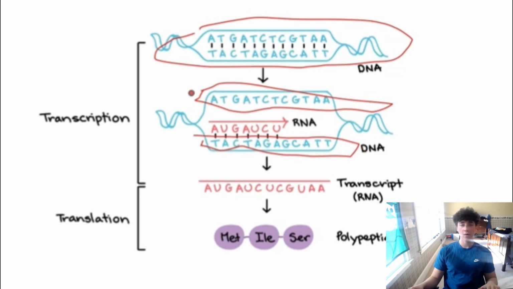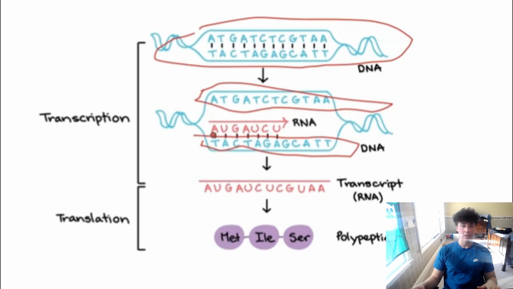Now, instead of in DNA replication where both sides will be replicated, only one side is going to be transcribed. So what we're going to see is the actual strand that is being transcribed is going to be called the template strand or the coding strand.